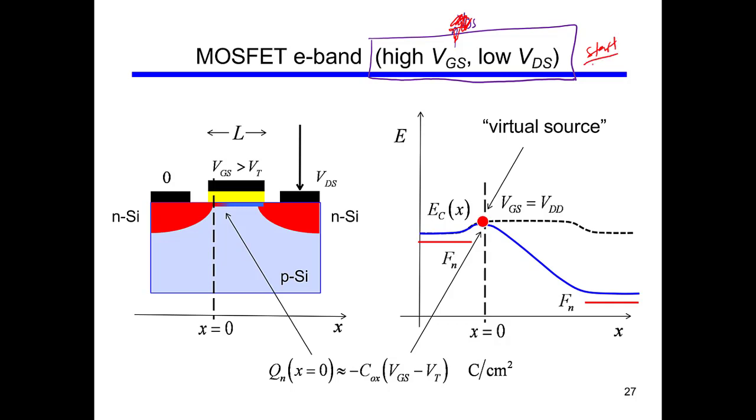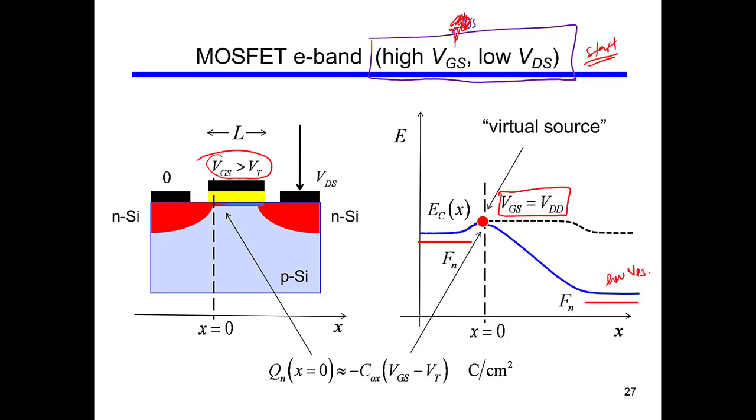So what happens if we start with this situation? If we have a high VGS applied at the gate, for example, VGS is equal to VDD, and we have a low VDS here.